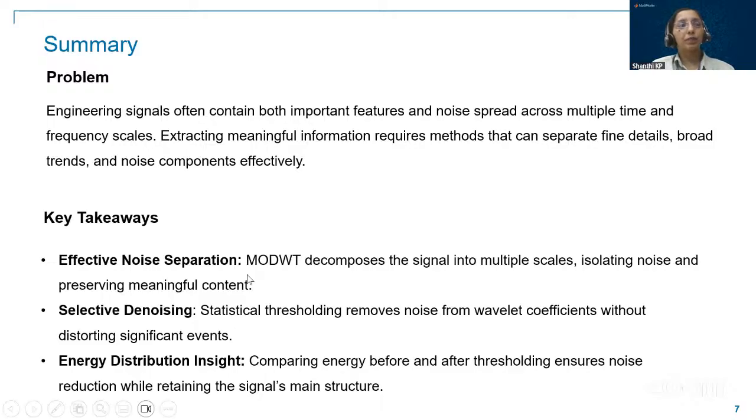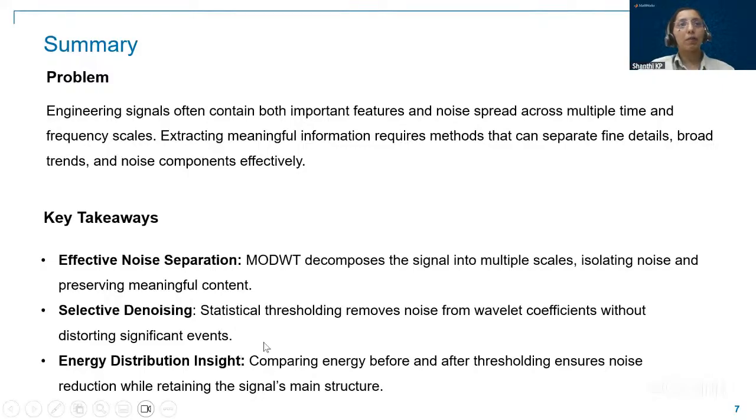And also, we used a selective denoising technique, meaning we used a universal thresholding approach to remove noise from wavelet coefficients without distorting significant events. We calculated a threshold for each level separately, detail level and approximation level, and used that threshold for denoising the signal.